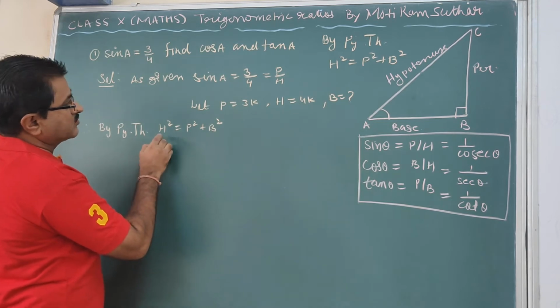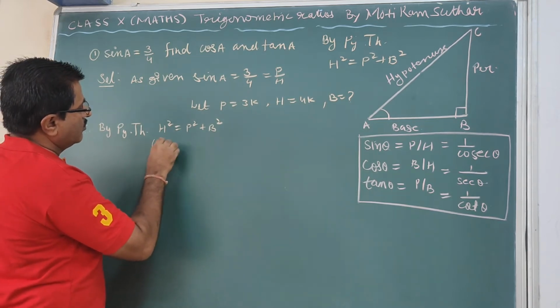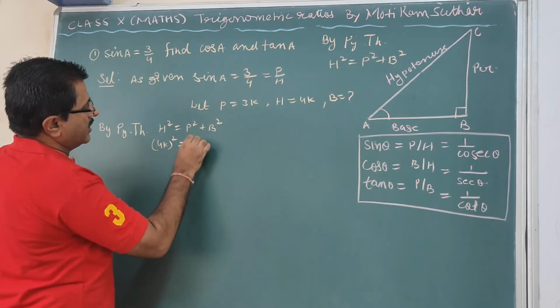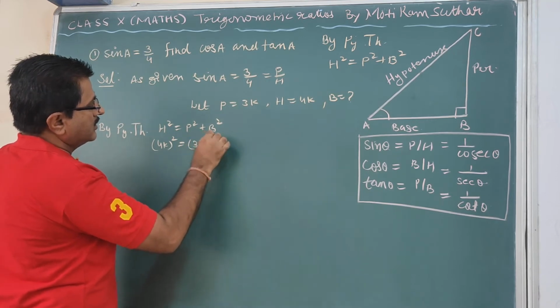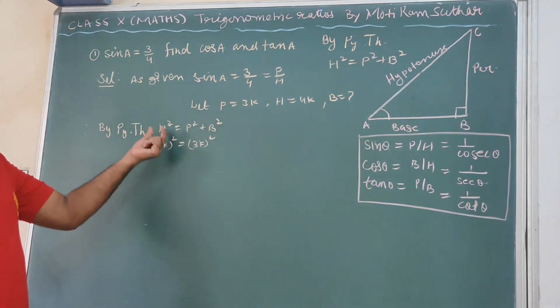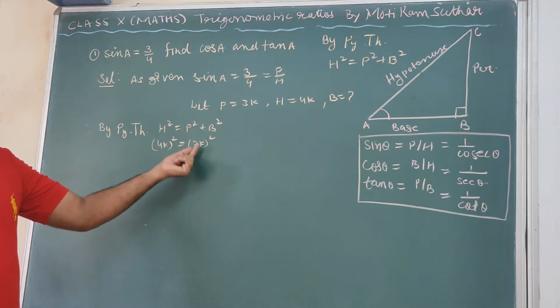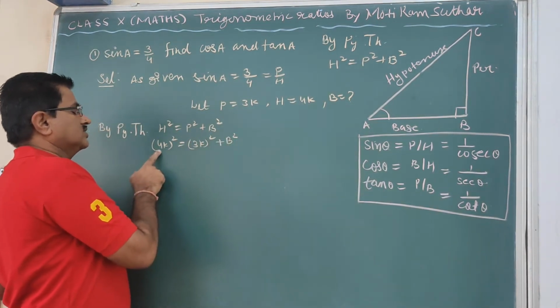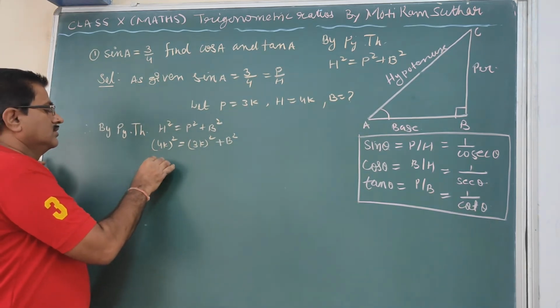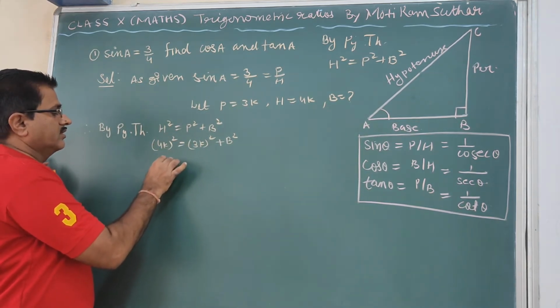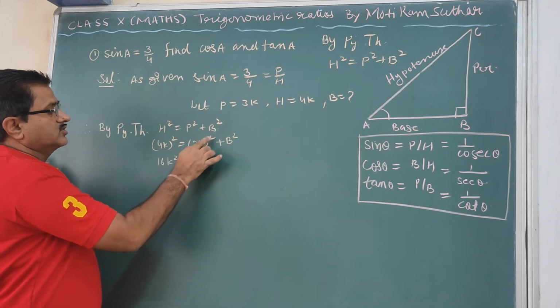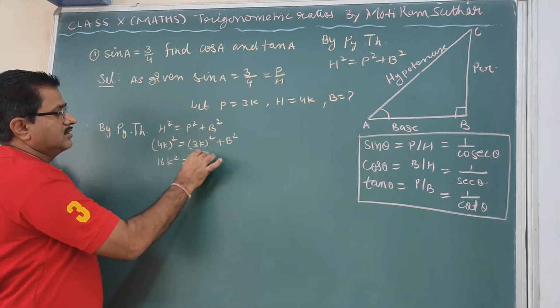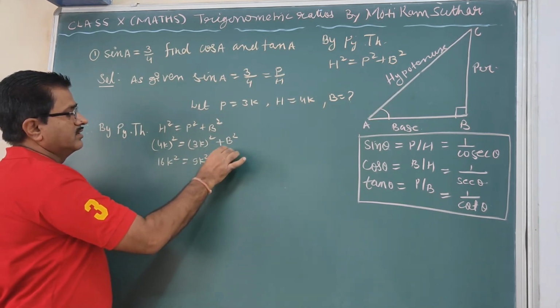So we put h square as 4k whole square, p square as 3k whole square. Is it clear? We are putting the values of h and p. Now b we have to find. So 4 square is 16k square, 3 square is 9k square, and b square.